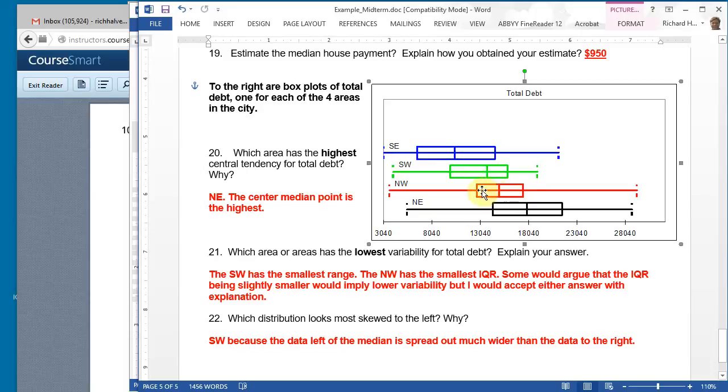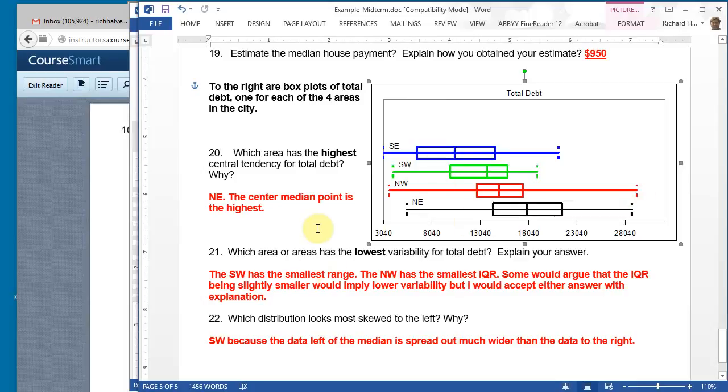It looks like it's the smallest, actually. It would be between northwest and southwest if we're looking at interquartile range. If we're looking at complete range, northwest would lose hands down, and southwest would win.